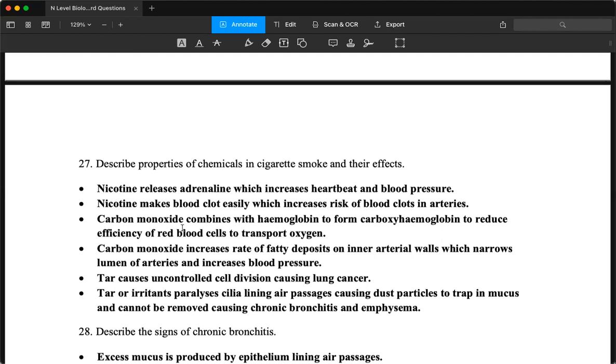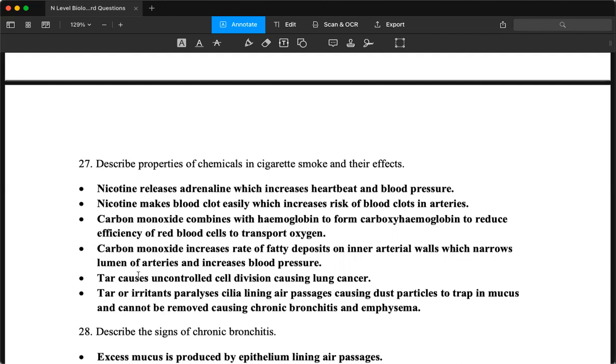So it's easy for students to relate. The other one that students like is nicotine because they know what adrenaline is and the impact of it, and it's not too long to remember. Nicotine should be okay. So at least remember nicotine, carbon monoxide, and tar.